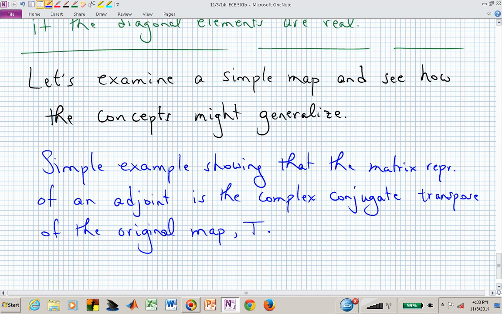It's just saying that we're dealing with the adjoint being the complex conjugate transpose.